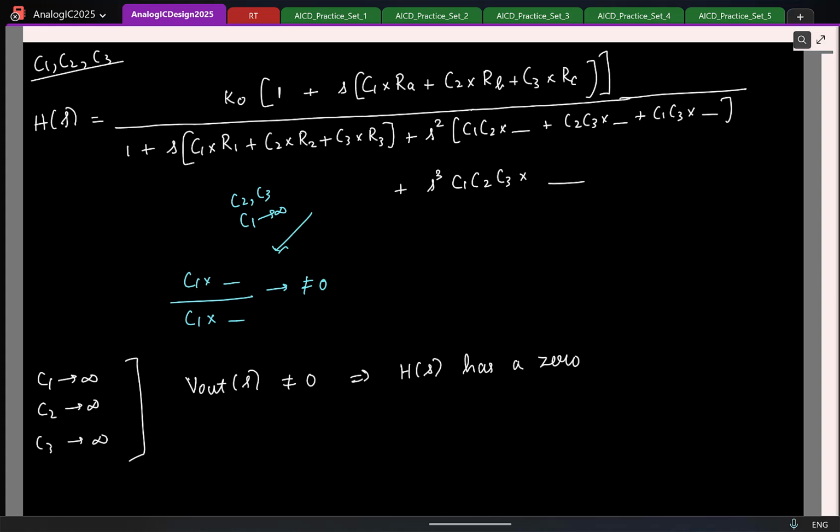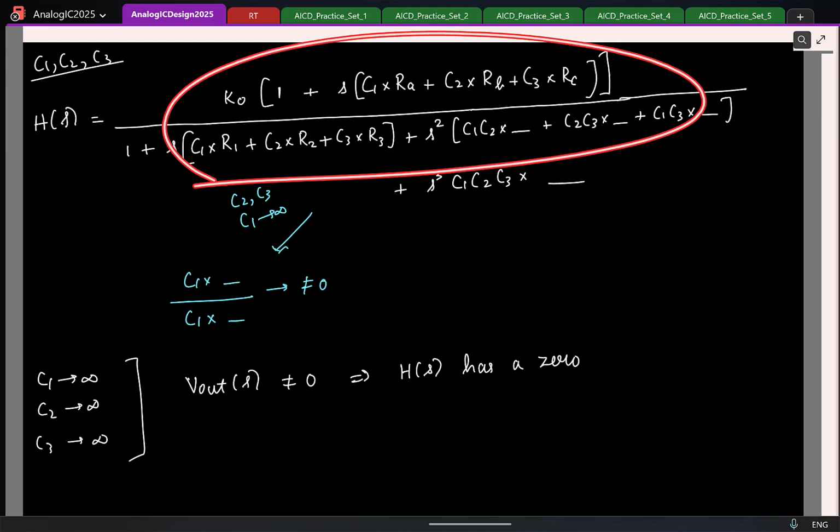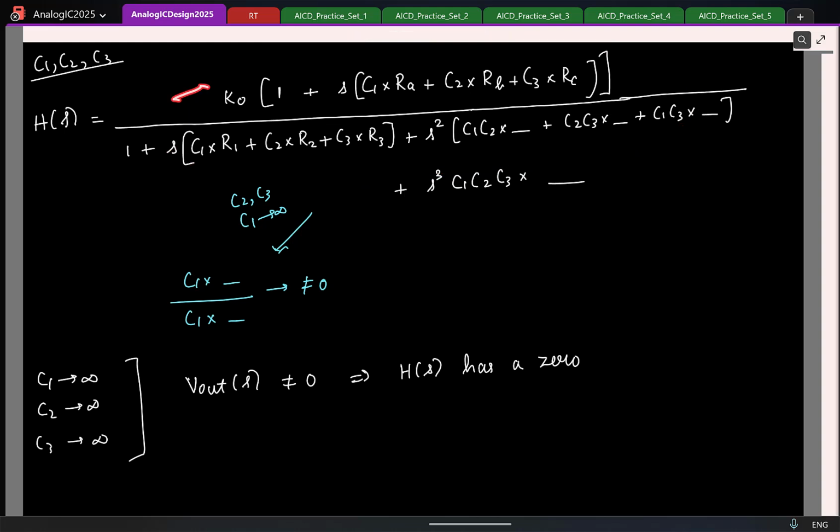So let us say now the transfer function does not have a 0, which means how will the numerator change? This term will not be there. Let's say I strike it off, and then I do the same experiment. Say I tend one of the capacitors to infinity.